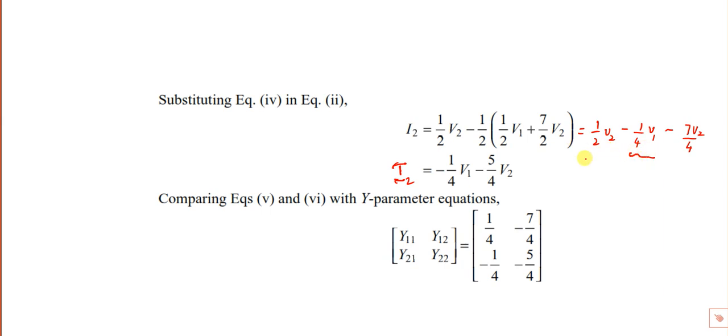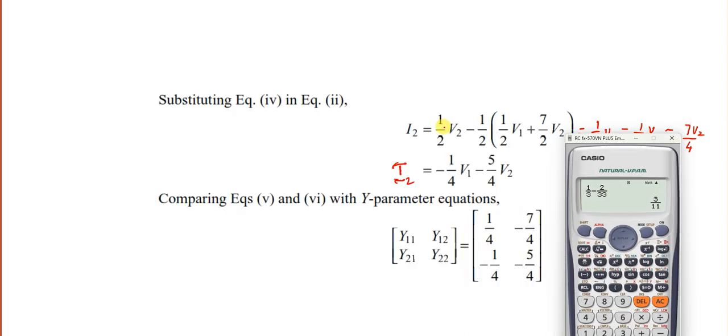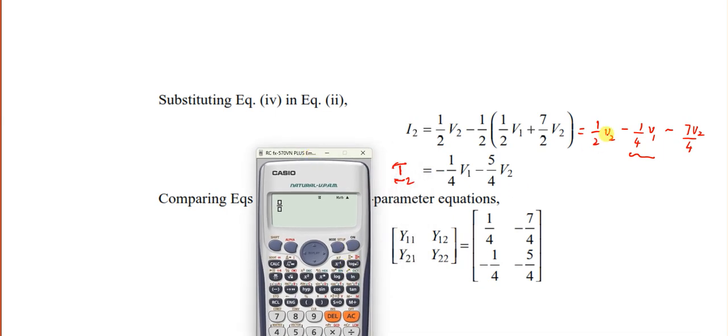So minus 1 by 4 V1 is here, and 1 by 2 minus 7 by 4, so that you can do using a calculator. I'll show using the calculator. So we have here half minus 7 by 4. Half minus 7 by 4.